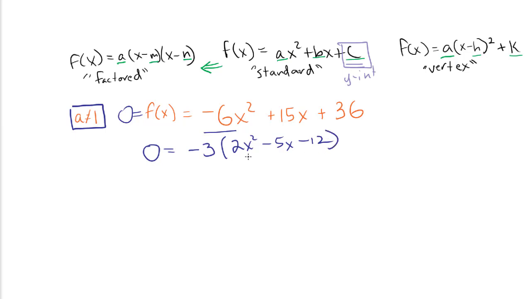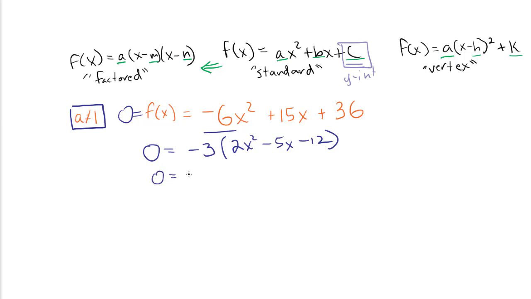So the quadratic in the parentheses will have the same roots as my original quadratic. Slightly different graph, but the same roots. So I can use this method and find the roots by continuing to factor this quadratic, which, by the way, is still not an a equal 1 leading coefficient. So I'm going to use factoring by grouping within the parentheses.